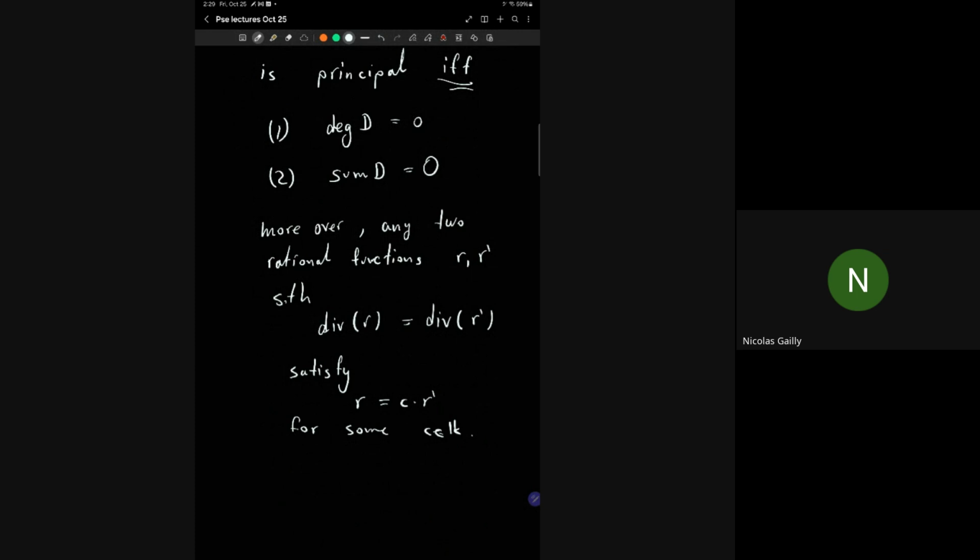Okay, so this is a very strong result, and this summarizes a big portion of what we did on elliptic curves, and it then becomes very useful later in the construction of the Weil pairing and so on.